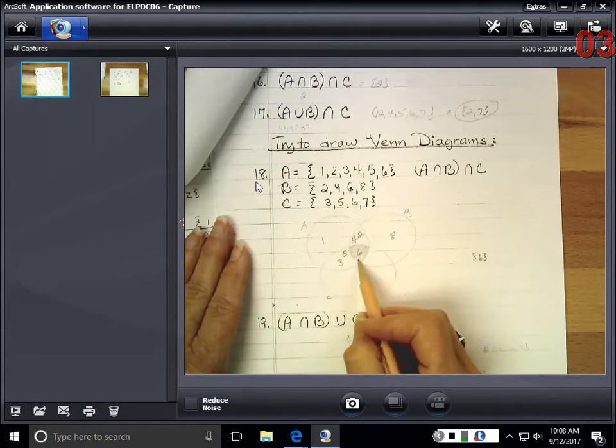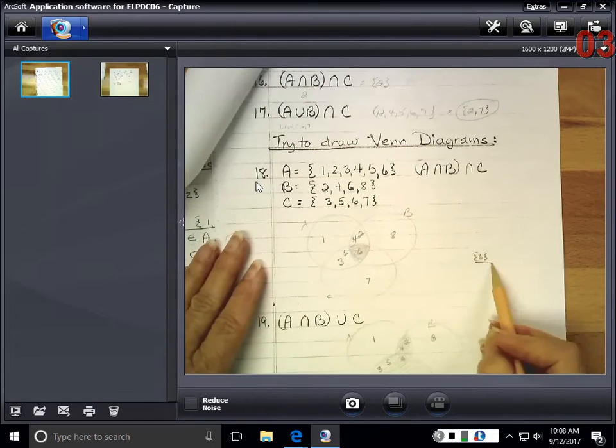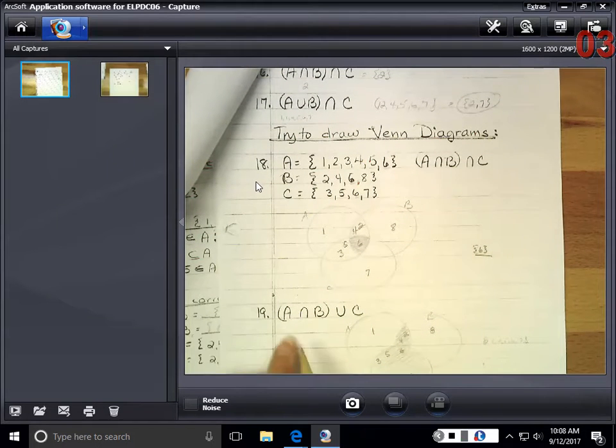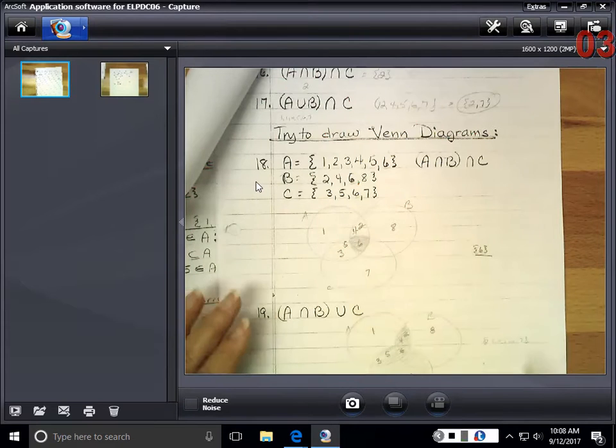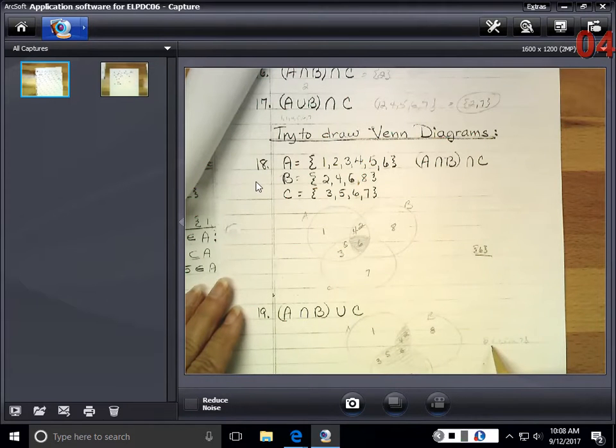So it's a 6 that went in there. So your answer is 6. This one, A intersects with B, right in there. Union it, or unite it, with C. So it's all of those numbers right there. So it's 2, 3, 4, 5, 6, and 7.